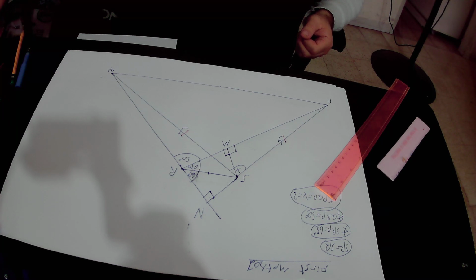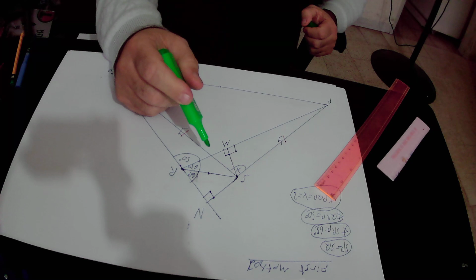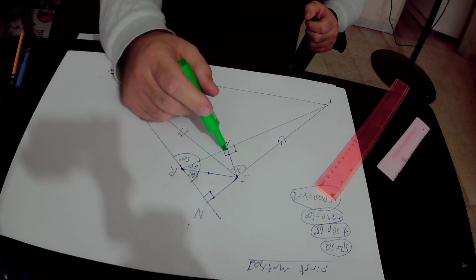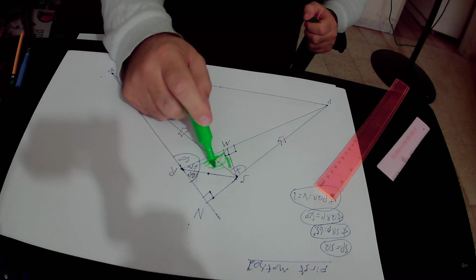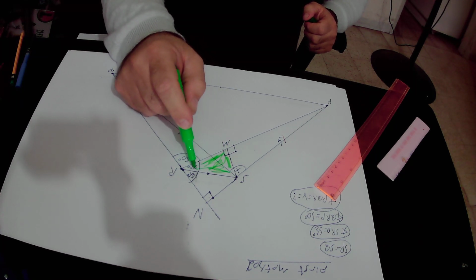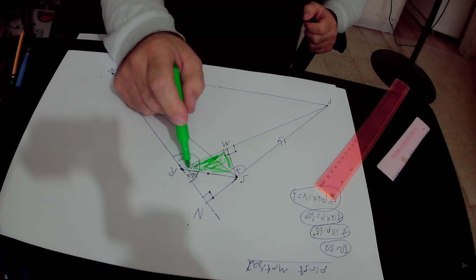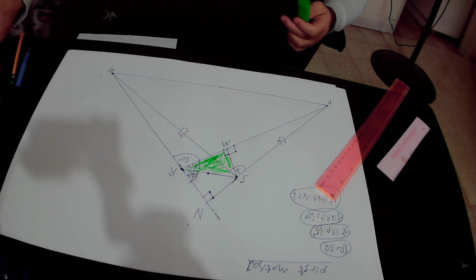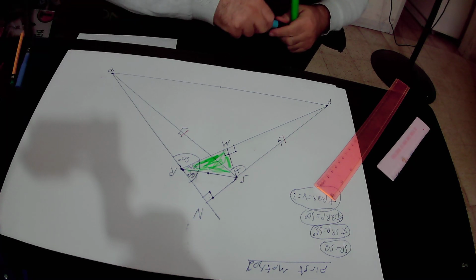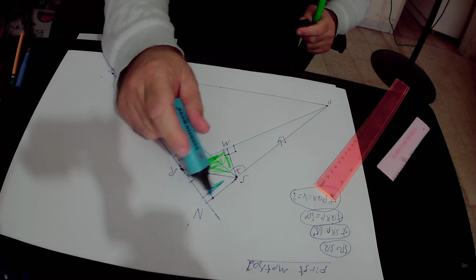So we will prove that the green right triangle SMR is congruent to the blue right triangle SNR.